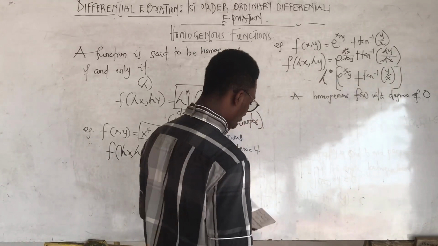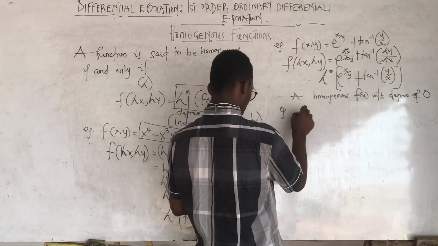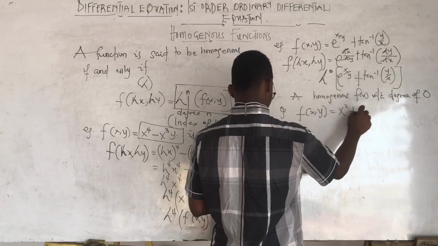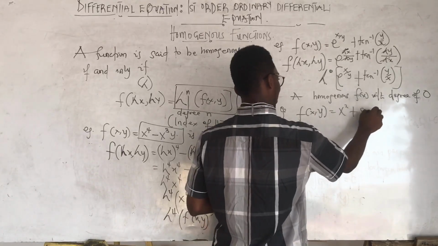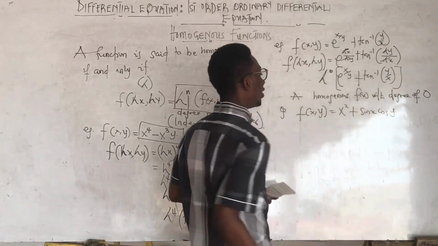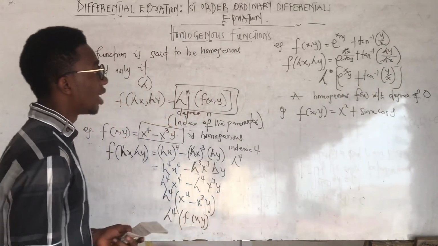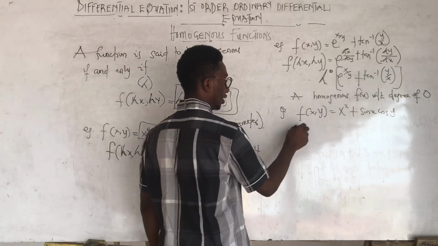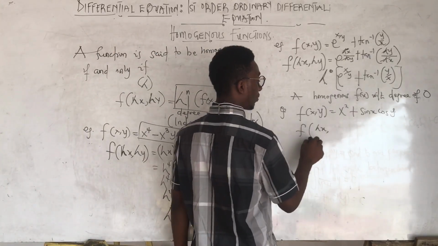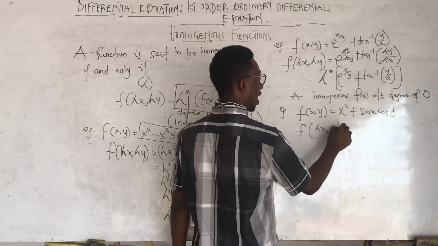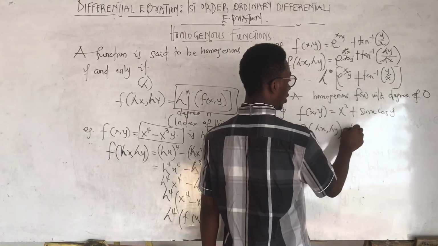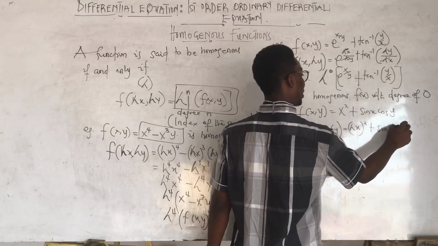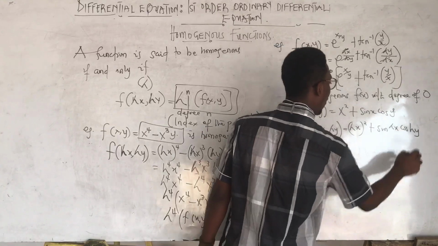Now the last example: f of x, y equal to x squared plus sine x cos y. If we introduce lambda, it becomes lambda x all squared plus sine lambda x cos lambda y.